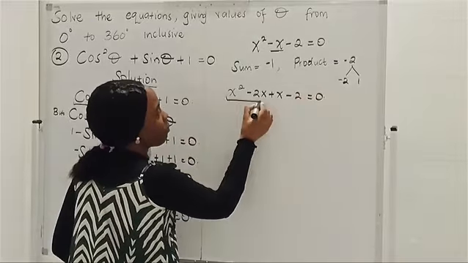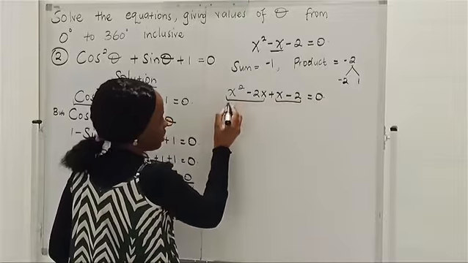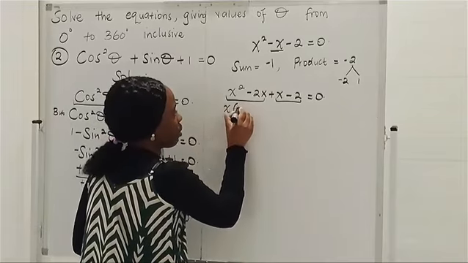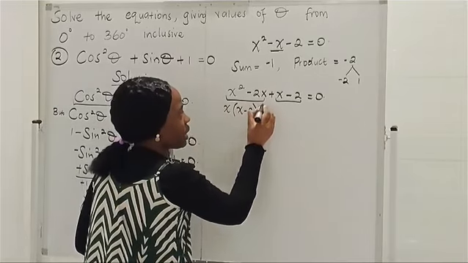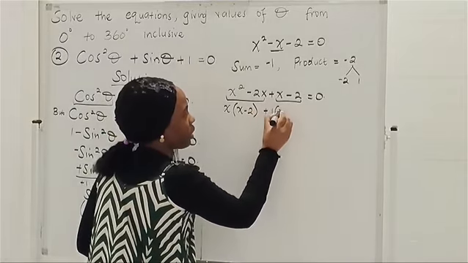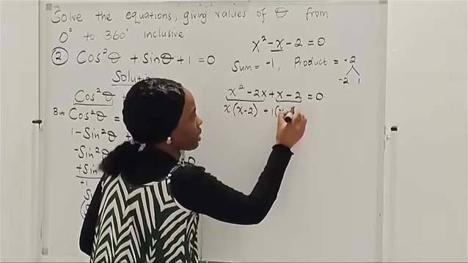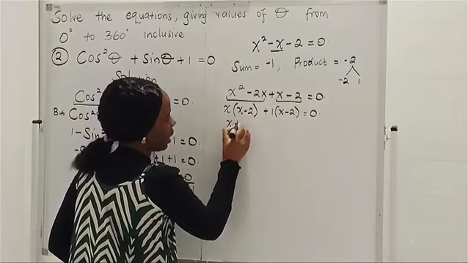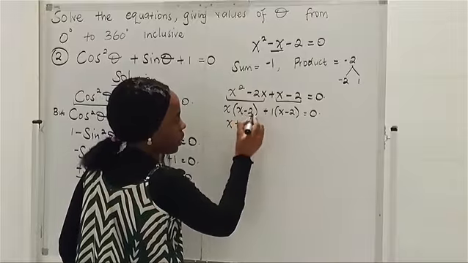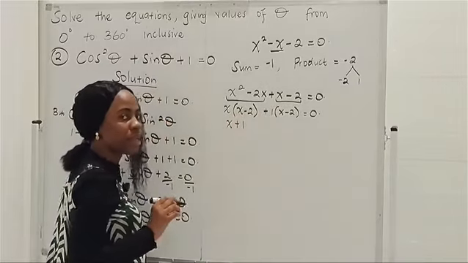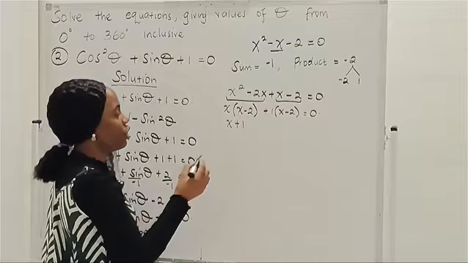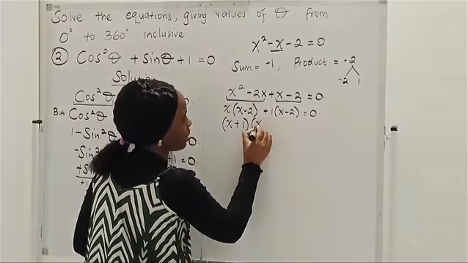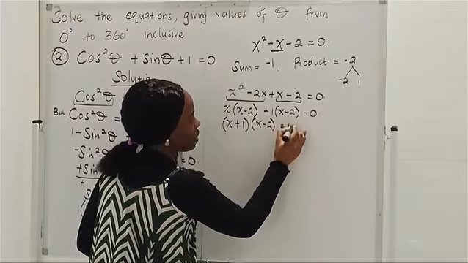Now we group them. The first group, x is common, not so? You put x out, remain with x minus 2. The second group, 1 is common. You put 1 out, you remain with x minus 2, equaling to 0. So we have x plus 1. We said that whenever you see that these brackets are the same, get to know that you are on the right track. So you have x plus 1, into x minus 2 equaling to 0.